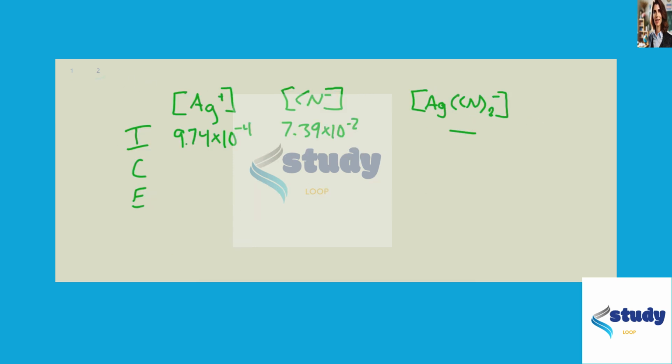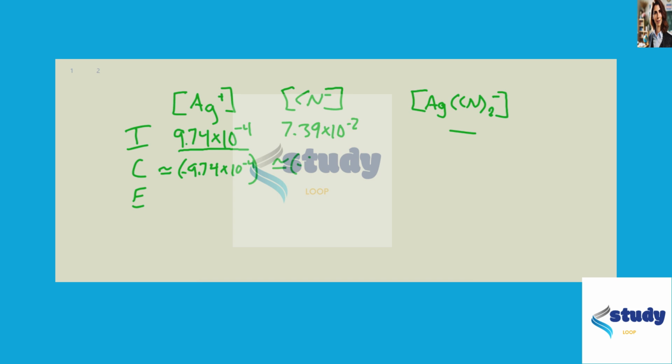Since this is very favorable, and silver is present in much smaller amounts than the cyanide ion, we're going to approximate that almost all of the silver is going to react to form the ion.